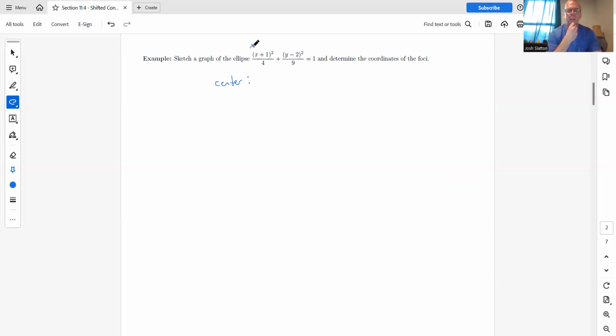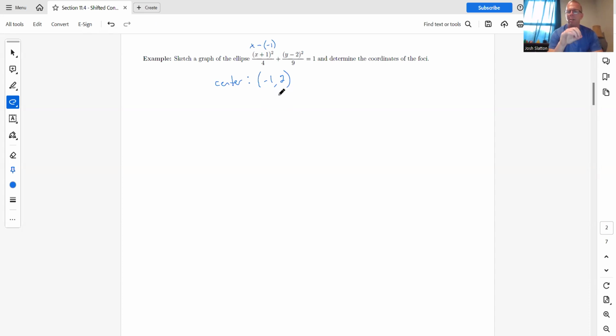We need to think of this as a minus, so it's x minus -1. That's why the x coordinate would be -1. And then it's y minus a +2. But essentially, you can just think of it as changing the sign of whatever number is in the parentheses. So the center is at -1, 2.